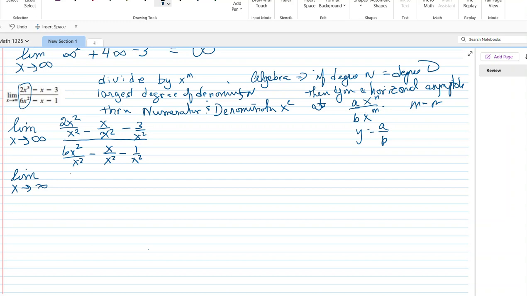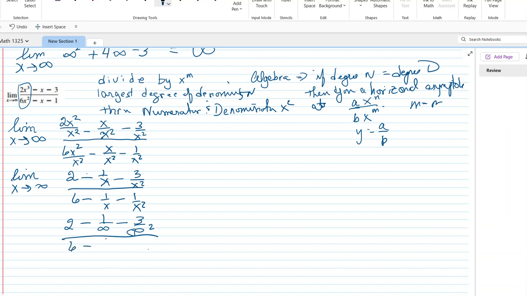And that'll give us a 2 minus 1 over x minus 3 over x squared, all over 6 minus 1 over x minus 1 over x squared. All right, now we're going to apply it. So this would be 2 minus 1 over infinity minus 3 over infinity squared, over 6 minus 1 over infinity minus 1 over infinity squared.